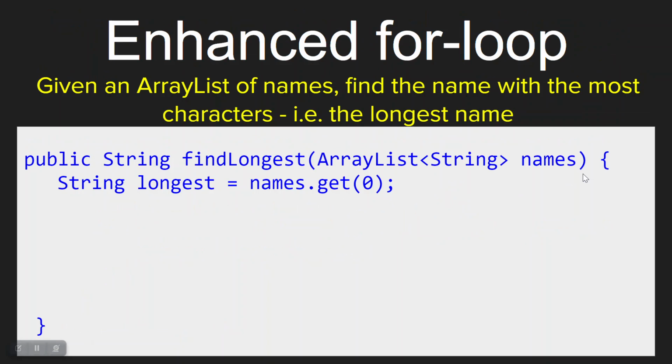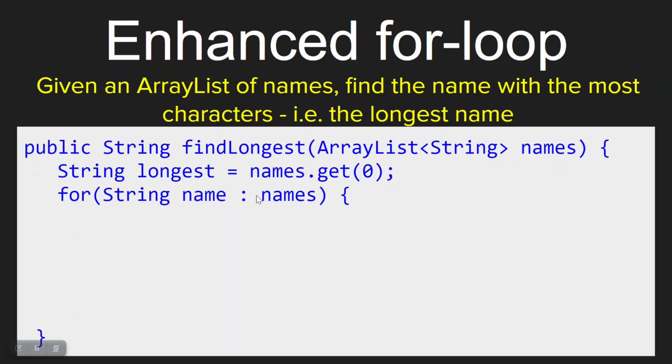Now we could do that same thing with an enhanced for loop. So for an enhanced for loop, we're going to start with String longest = names.get(0). So that's storing the very first element as the longest. And now we need to do our enhanced for loop header. So we say for.